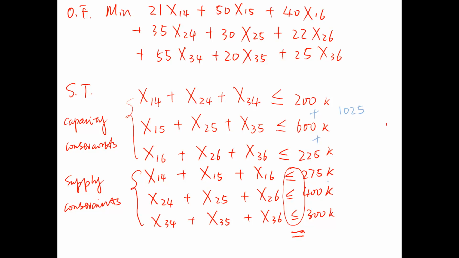Okay, and let's see how many we are shipping out. Add these 3 up. That gives us 975,000 bushels of citrus, okay, which is smaller than the total capacity. And this means, okay, if we change those signs to equal sign, that's fine, because we can ship all the 975,000 of citrus out to get processed, and we still have some surplus in the capacity.